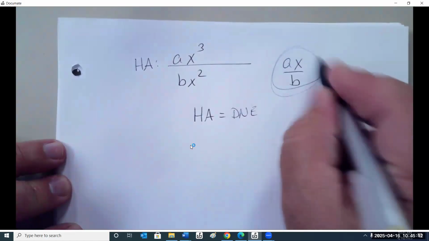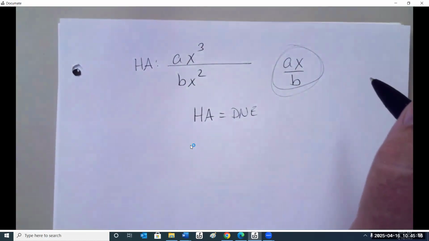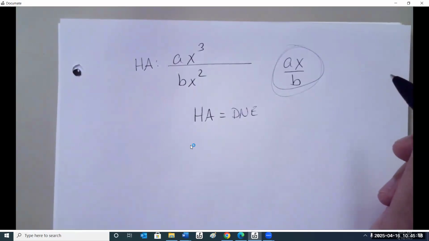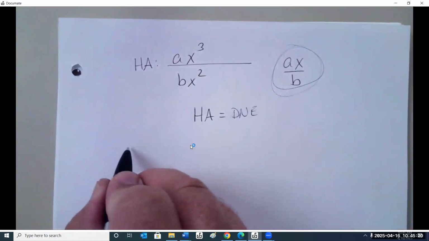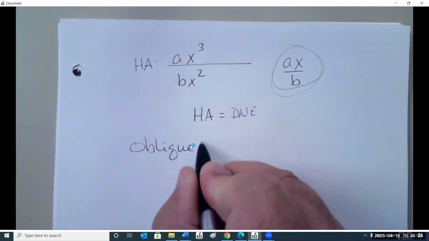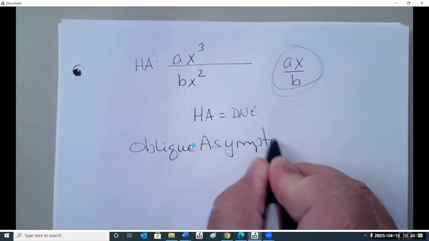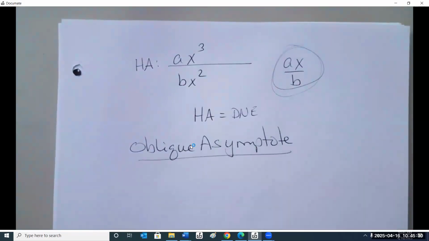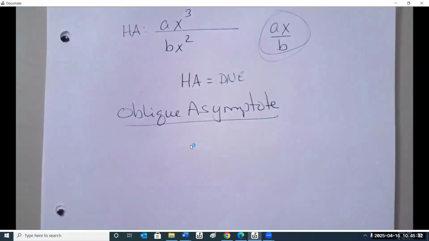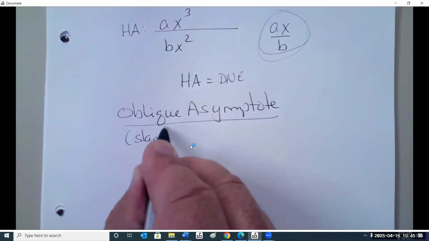That's a linear equation. I can graph that. So we have what's called an oblique asymptote. An oblique or slant asymptote.